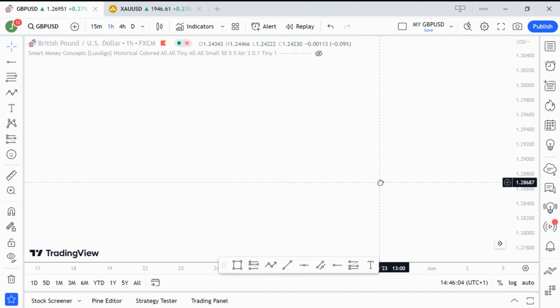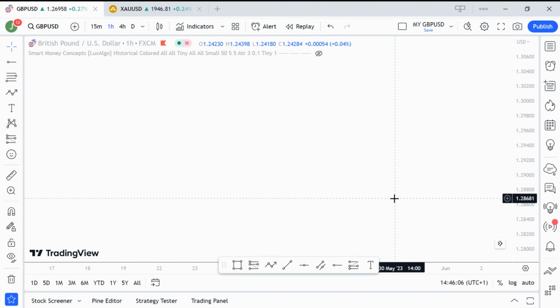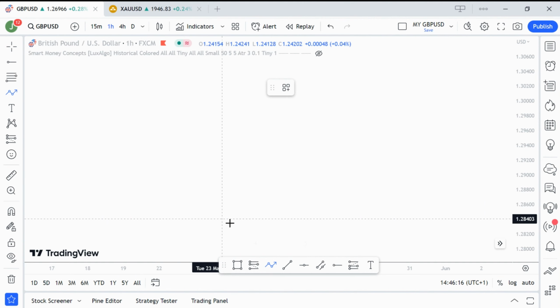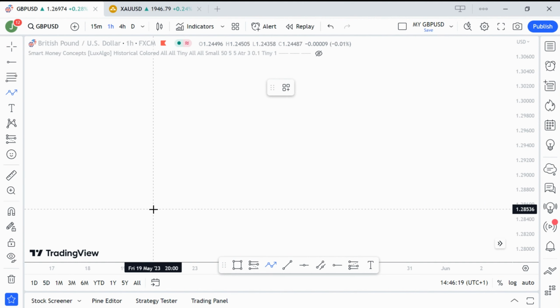Since we said that market structure is the behavior of the market, the market behaves in three major ways. Now let me illustrate them using this drawing. Market goes up in a form we call the bullish market, the bullish market or the uptrend.